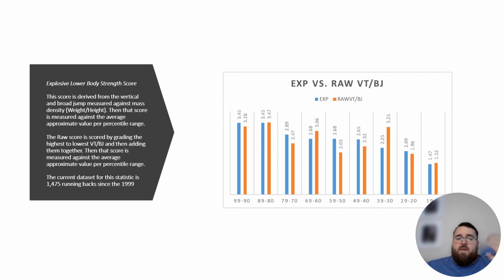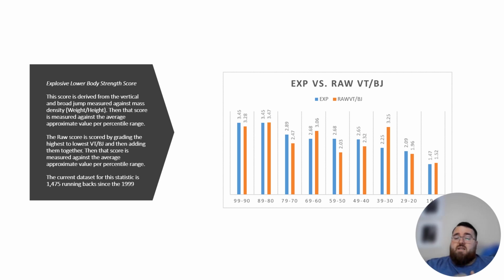And I think the biggest thing that you can see is that the 90 and 89 percentile are pretty much neck and neck in terms of the raw vertical and broad jump data. But then you start to see where the raw numbers get a little wonky. Looking at the 70 percentile, the explosive lower body strength score is more correlative than the raw numbers.